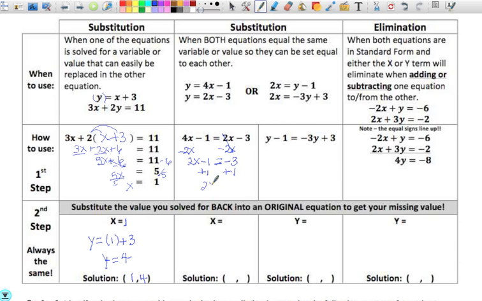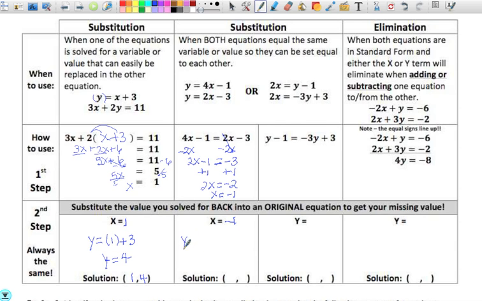And so I get 2x equals negative 2. And so x equals negative 1. If I divide both sides by 2, that's how I get the negative 1. So x equals negative 1 here. And then I'm going to take that negative 1 and plug it back into either one of these. It does not matter. In this case, I'm just going to take the second one just to show you.